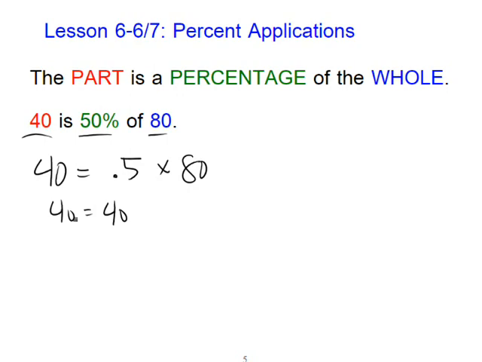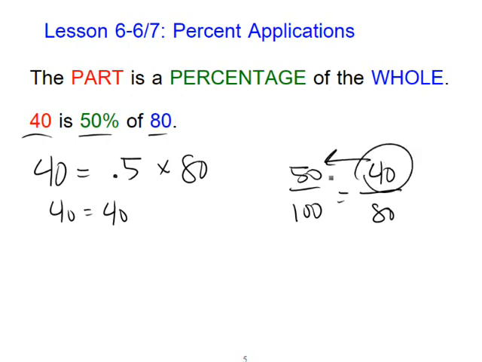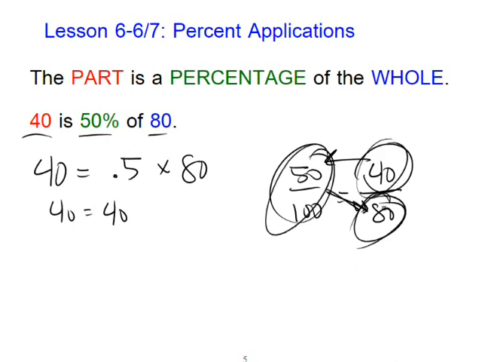If you prefer the proportion method, we put the part over the whole and set that equal to the percentage over 100. And now let's relate the proportion back to the original sentence. The part is a percentage of the whole. It follows that pattern as you read it.